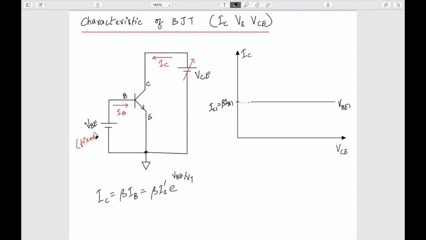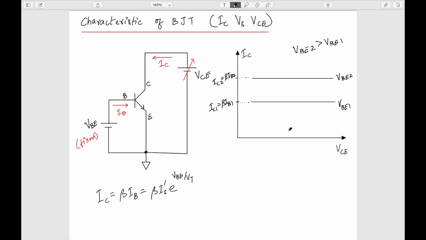If I increase my VBE to some other value, VBE2, where VBE2 is greater than VBE1, then IC2 is equal to beta times IB2. So this is for another value of IB.